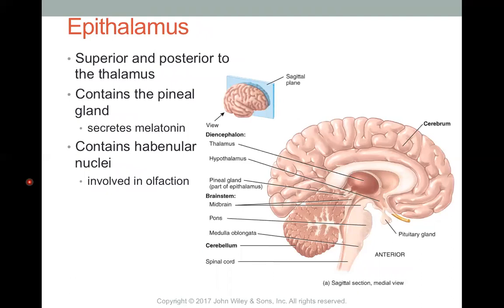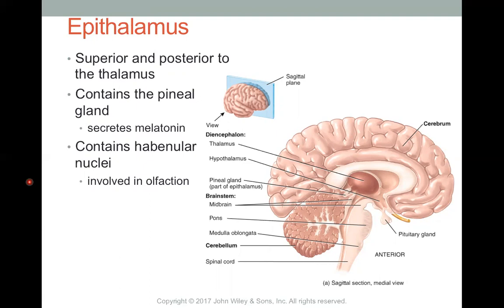So the pineal gland will secrete melatonin, and this helps to influence our diurnal cycles in conjunction with the hypothalamus. You've probably heard of people taking melatonin for sleep. That's because it helps to regulate those sleep and wake cycles. And so this is where it is naturally secreted from in our bodies.